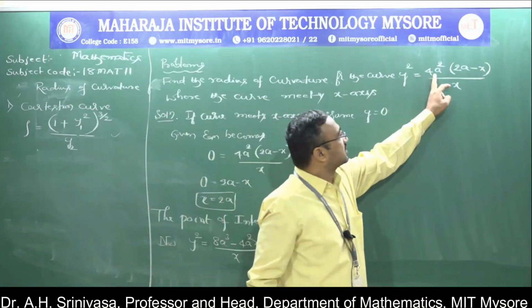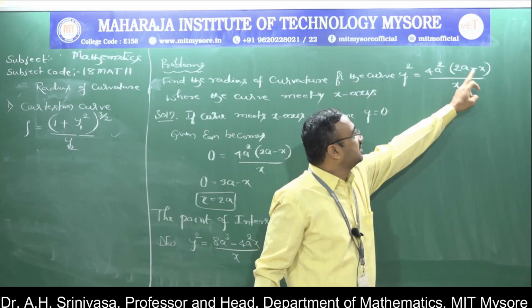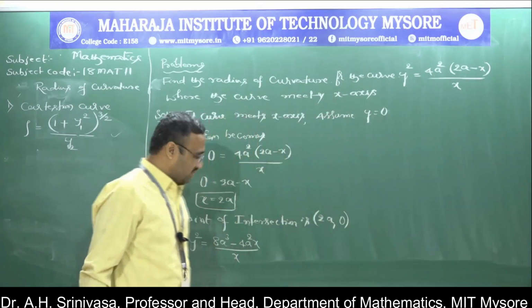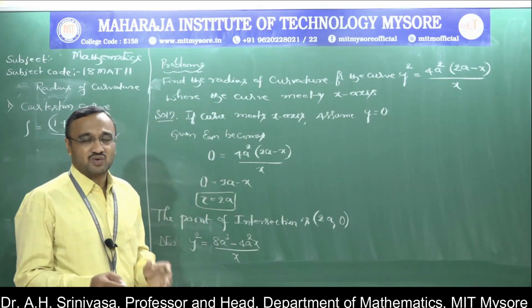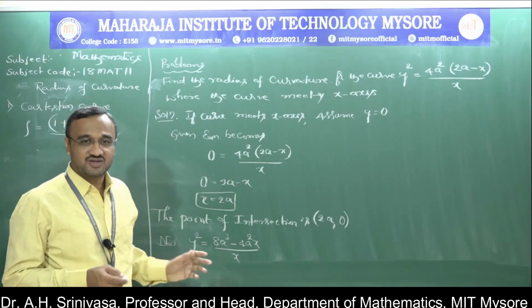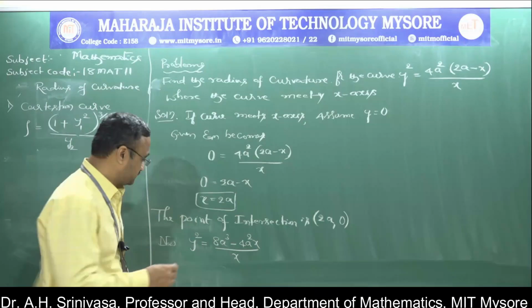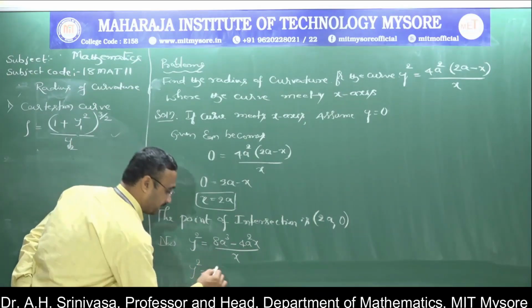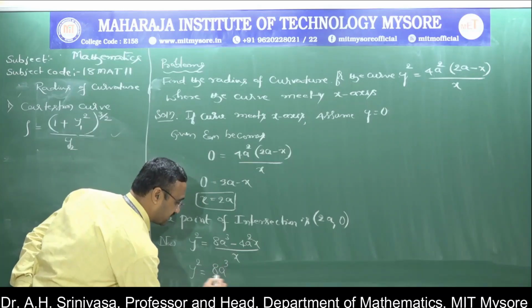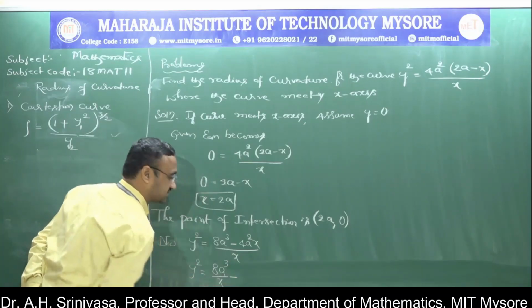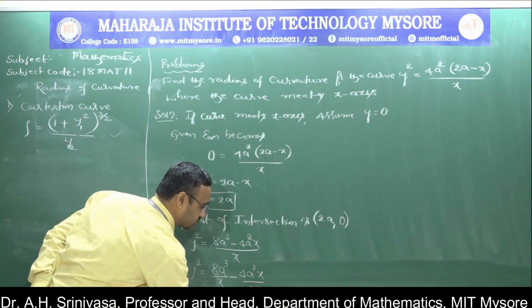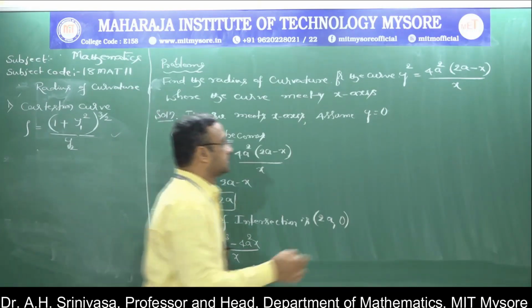If you multiply it inside, this becomes (8a power 3 minus 4a square x), then whole divided by x. So why I am doing, it's very easy for doing a differentiation work. So that's why I make a simplification for this. We get y square equal to 8a power 3 by x, then minus 4a square x by x. We make a simplification of work.